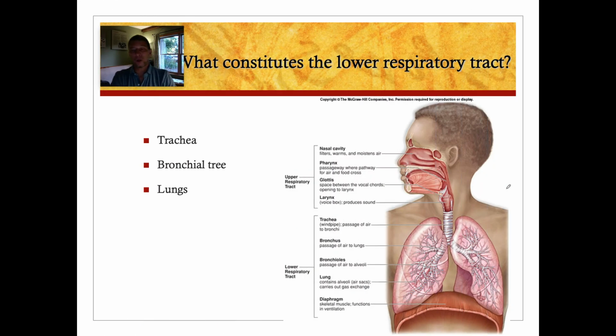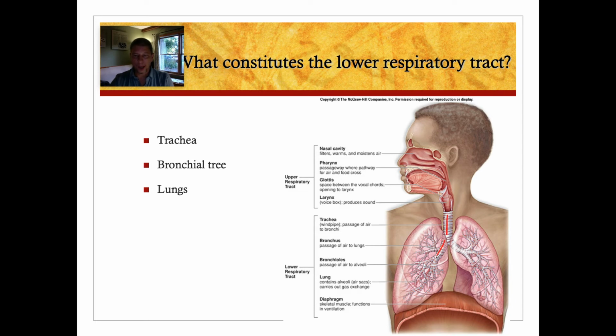Okay, so what is the second portion of the respiratory tract? Well, this consists of the trachea, the bronchial tree, and the lungs. Now, you can see them labeled here. This is the trachea.